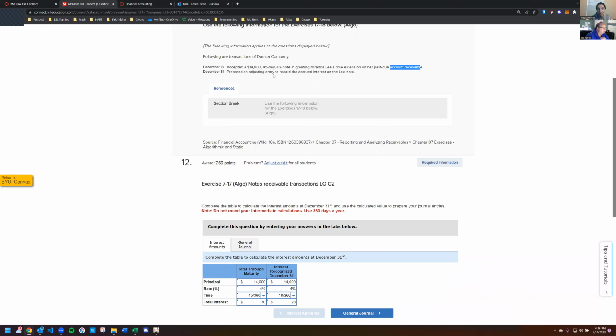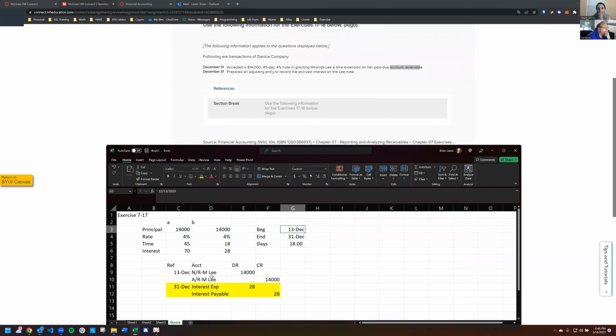So arguably you could sell this to somebody and they can collect it instead of you. But the AR, you could actually sell it to somebody and they can collect it too, but they just converted it to a note that they owe, that they hold instead of an accounts receivable. So that's why you don't have the sales account here, because you're not generating any more revenue. You're just shifting the account type.